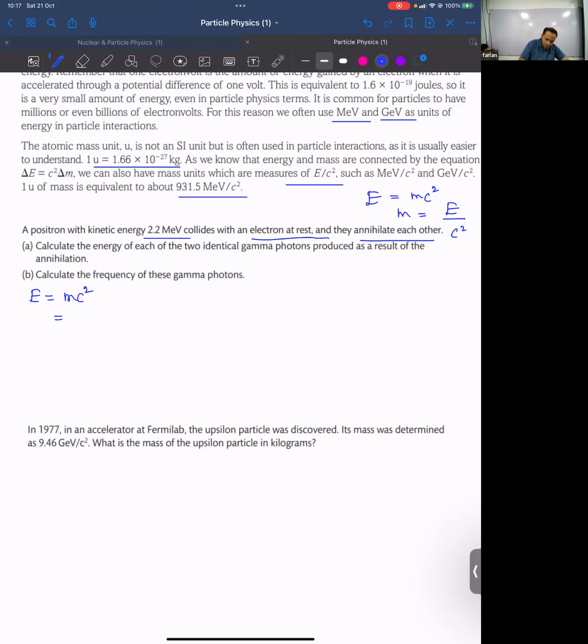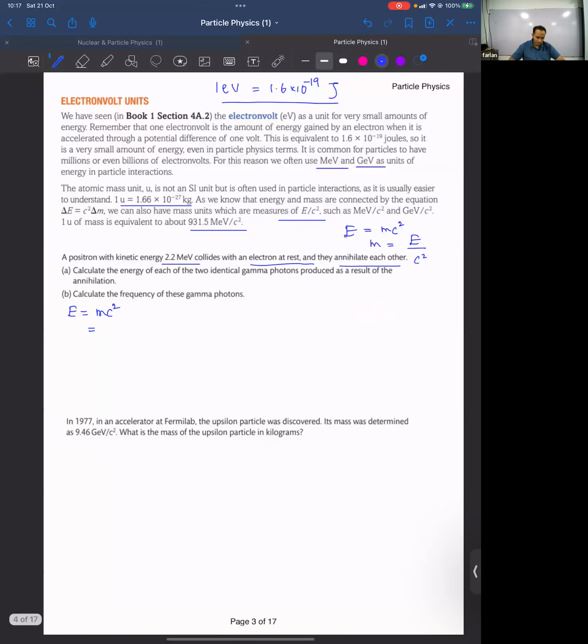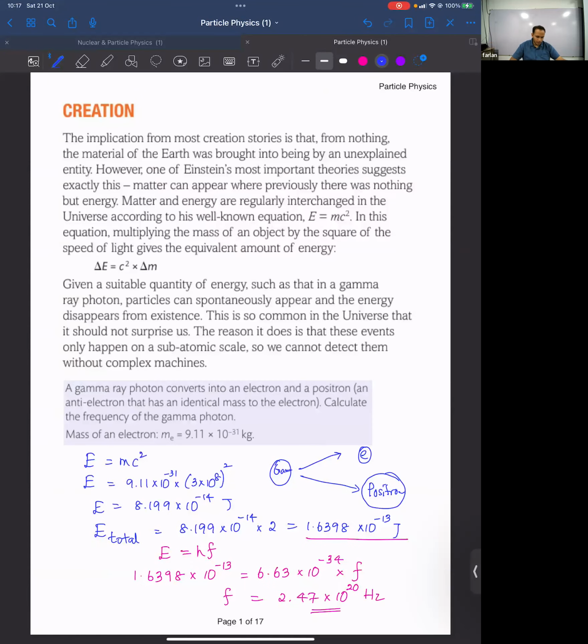The mass of the positron we did in the previous part, so I'll make use of that. We used E equals mc square, and we found that the energy is 1.6398 into 10 to the power minus 30.